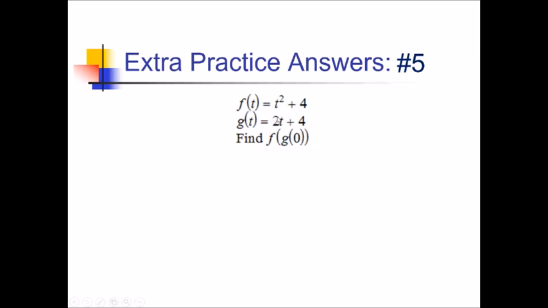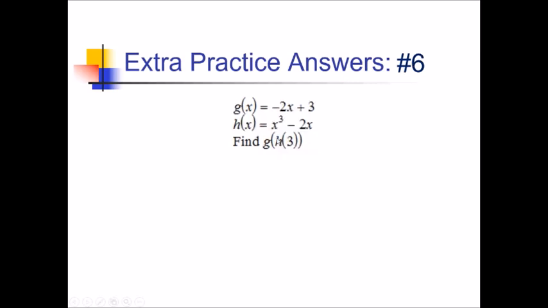So 2 times 0 plus 4 will give us g of 0. 2 times 0 is 0, plus 4 gives us 4. So that's what g of 0 really is, just 4. So for the problem now, I have to do f of 4. That's going to be 4 squared plus 4, using this f function here. So that's going to be 16 plus 4, which is 20.